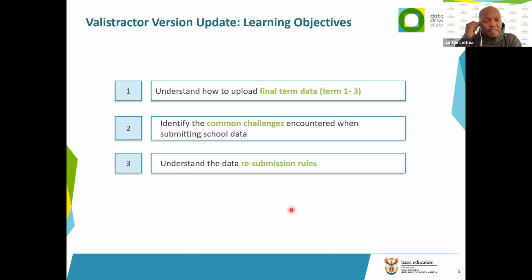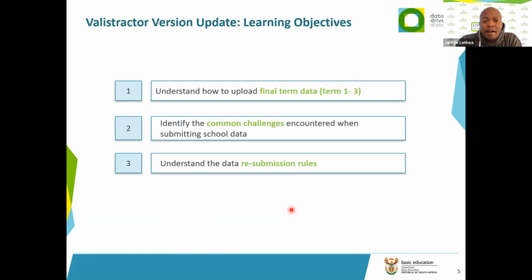The reason being, we are now in term 2, meaning we just closed term 1, and we are still expecting schools to submit term 1 data. That's why the topic is focused on final term submission, because we are busy expecting final term submissions from the schools who haven't submitted.